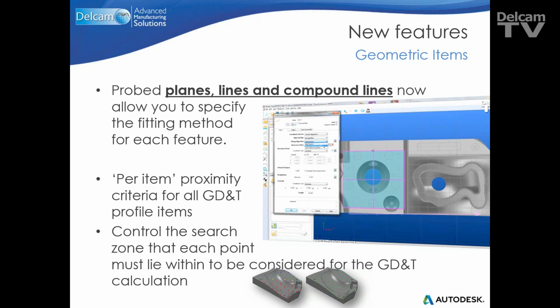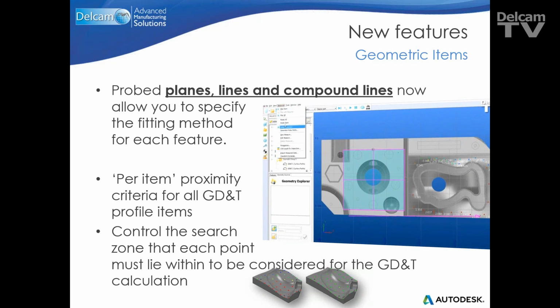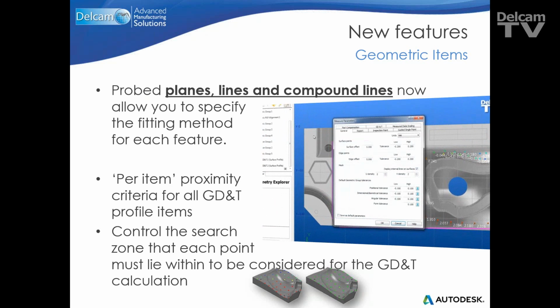In PowerINSPECT 2015 R2, we allow you to set a per item proximity criteria for all GD and T profile items. The GD and T surface profile is controlled by a proximity criteria, as is a surface inspection. But because the GD and T surface profile can use a different datum scheme, it's useful for us to allow you to have greater control over the proximity criteria.